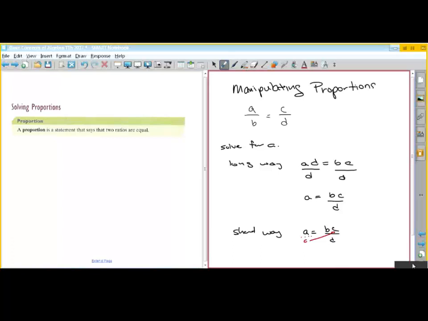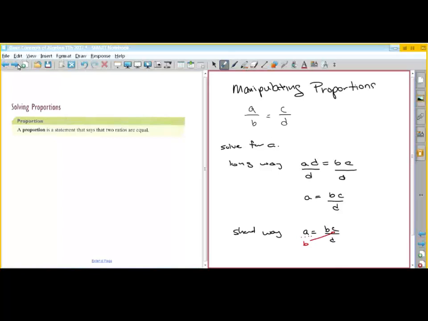So I saved myself a step. Oh, I'm sorry, you're right. I don't know why I wrote C. It's B. Thank you. So I'm moving B up here, because it's originally down there, just move it up.